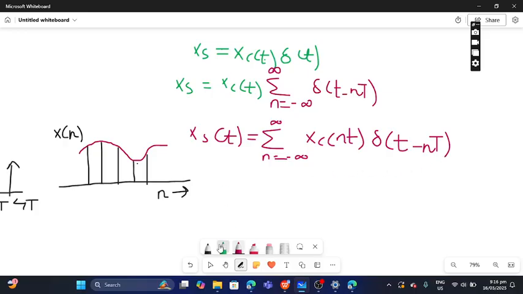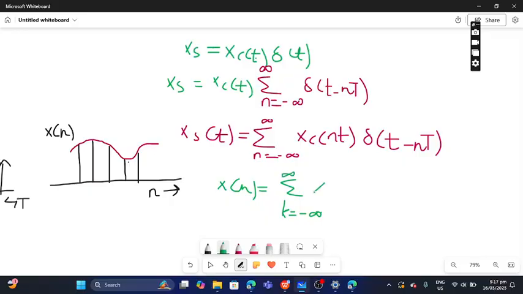So in terms of x of n, now I will write x of n is equal to the summation for k equal to minus infinity to infinity of x of k times delta of n minus k.